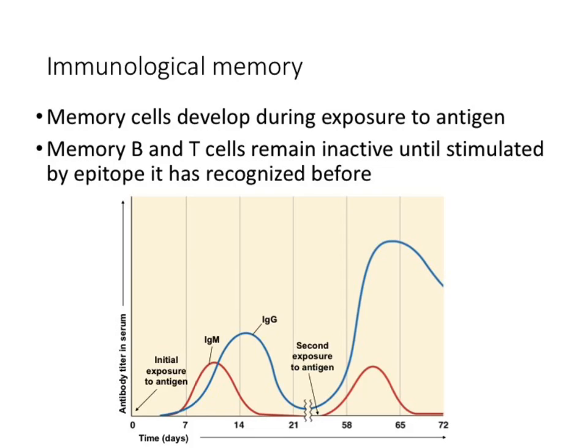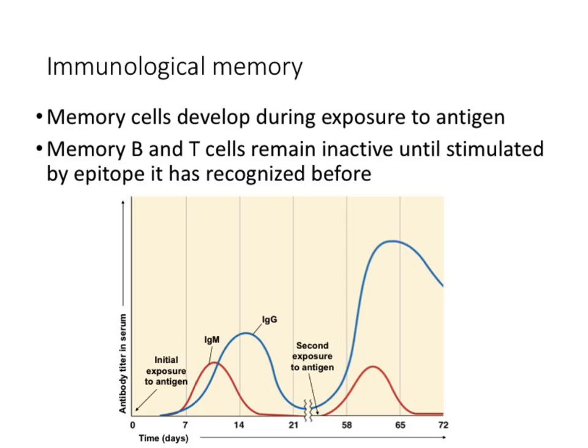Okay? The adaptive immune system, what we find with it is that over time, at the end of an infection, some of the cells that are produced actually become what we call memory cells. They are long-lived. We don't necessarily know how long. This is kind of up for debate. We don't know where they go, if they go back to the bone marrow or if they're just kind of free-floating through the body.